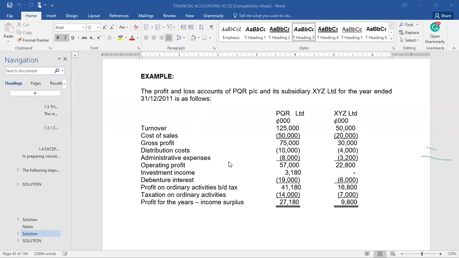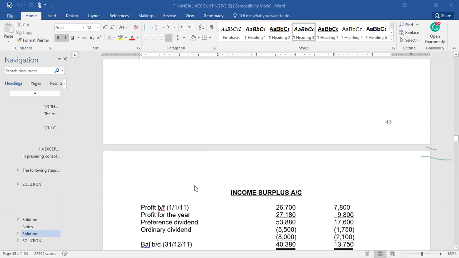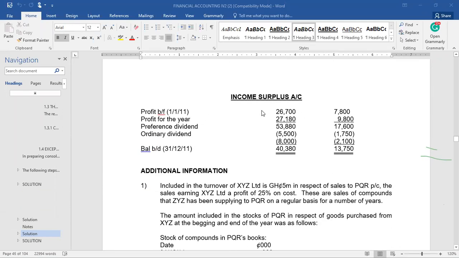You have the profit and loss account given to you over there. Then you have the income surplus account following the profit and loss account. And there is additional information.